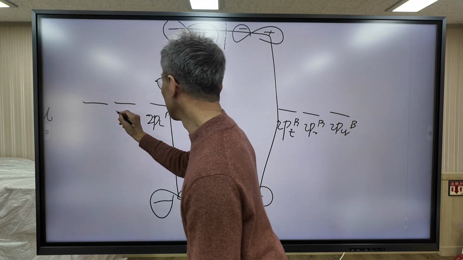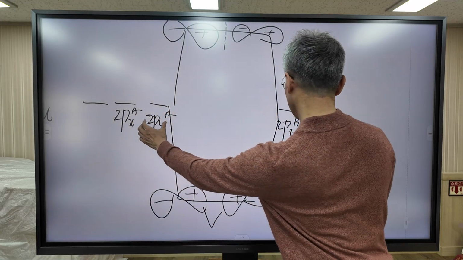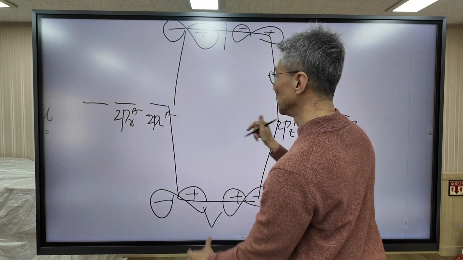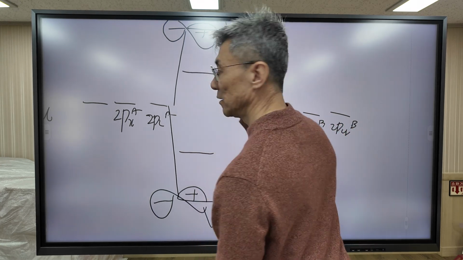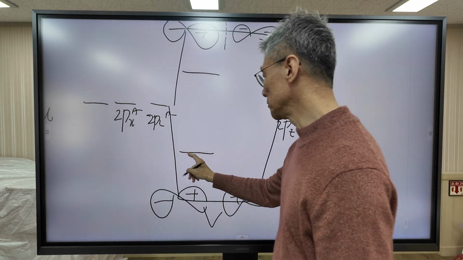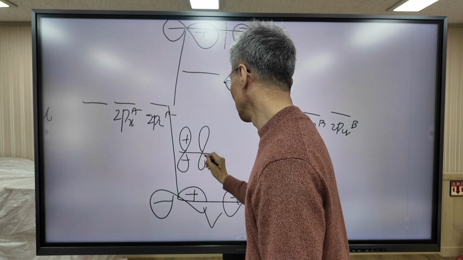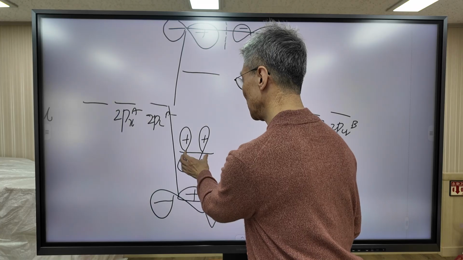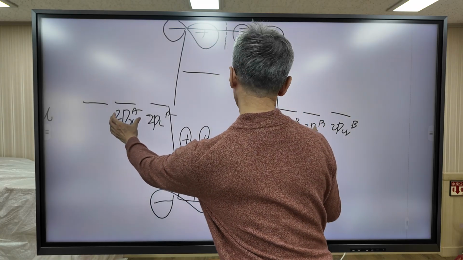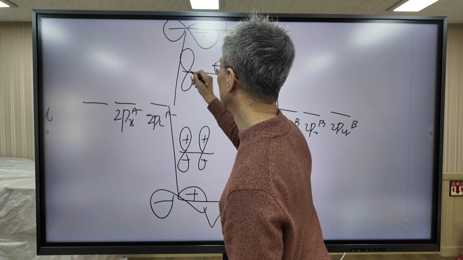Now 2pxA interacts with 2pxB. So it forms a bonding orbital and an antibonding orbital. What does it look like? Plus minus. This is the bonding orbital that comes from the interaction of 2pxA and 2pxB. What about the antibonding orbital?